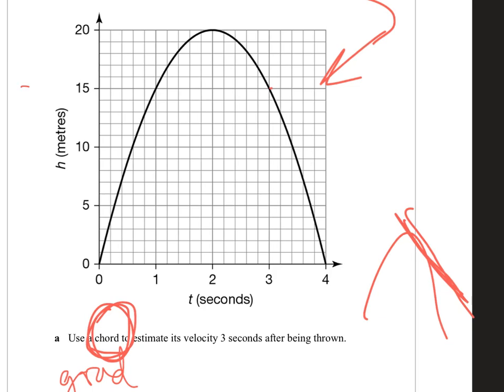For a chord, it's got to be between 2 points. I'm going to take 2 points that are near the point I'm involved with, that are on clear corners, so I'll be able to find the coordinates of them really easily. Put my ruler between these 2 points, and then draw my line.